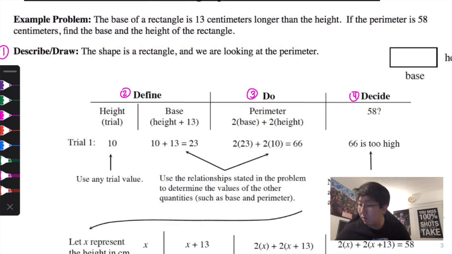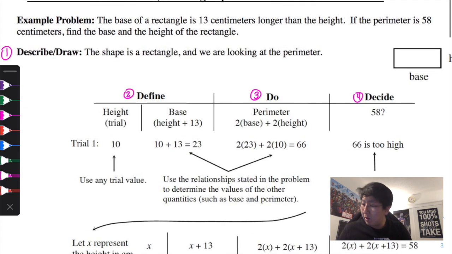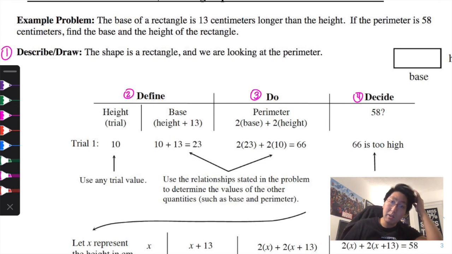Example problem. The base of a rectangle is 13 centimeters longer than the height. If the perimeter is 58 centimeters, find the base and the height of the rectangle. So here we're talking about a rectangle, and the base is being described as 13 centimeters longer than the height.